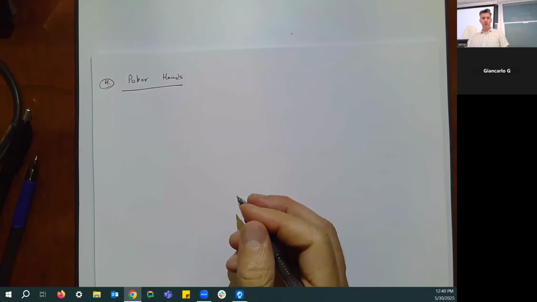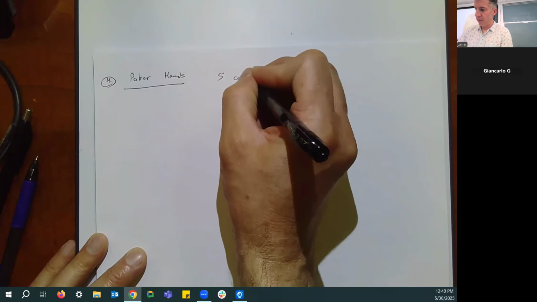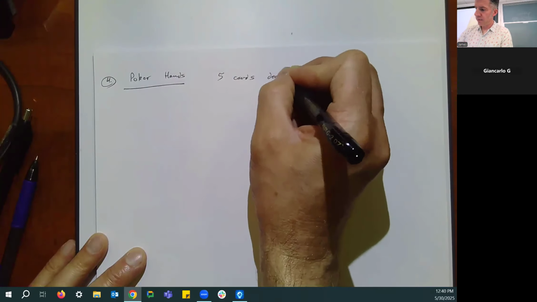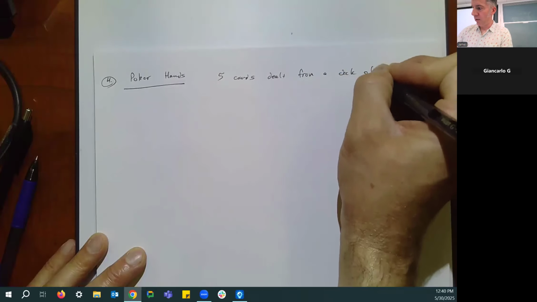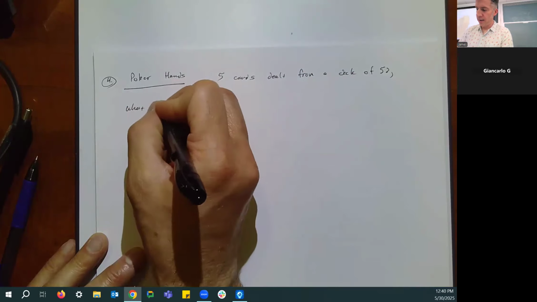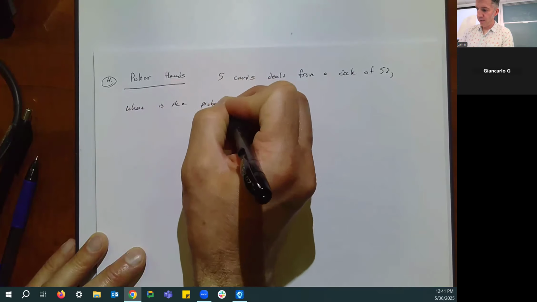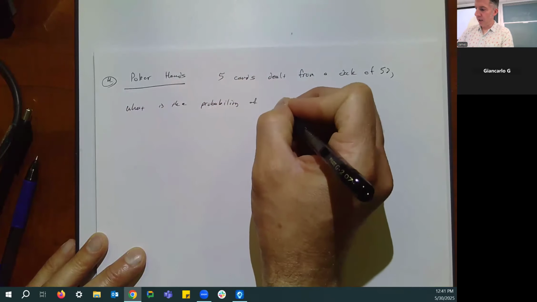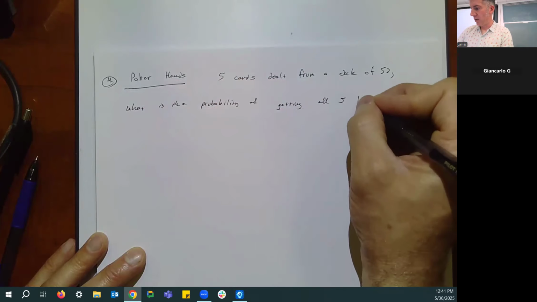I want to know, if five cards are dealt from a deck of 52, what is the probability of getting all five being hearts?